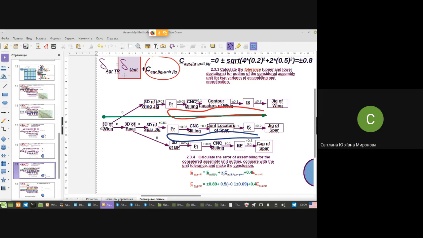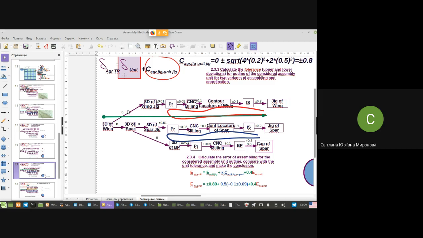Here it is the same. You see that we pay attention to the jig of the spar, and here we again have the wing, the 3D model of the spar itself, and the 3D model of the spar jig. Next, it's a very similar story because we are working with the spar. The jig of the spar we are going to assemble using the instrumental method, the instrumental technique.